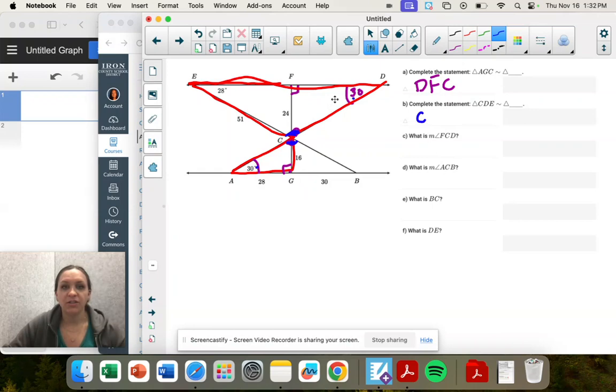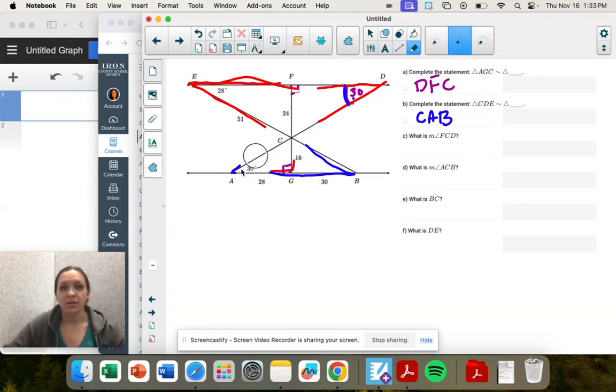They have the 30-degree angle that's the same. We just figured that out. So C, I'm going to look at D is my 30-degree, so down here it's going to be A, and then we're going all the way this time, so it's B. So those triangles are similar because they share two angles that are the same.